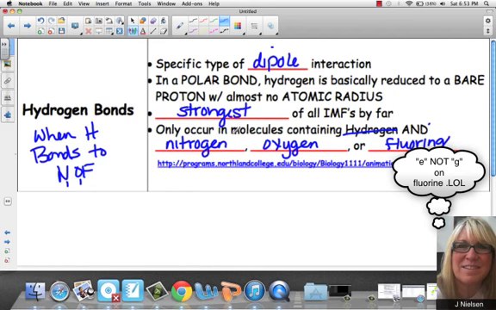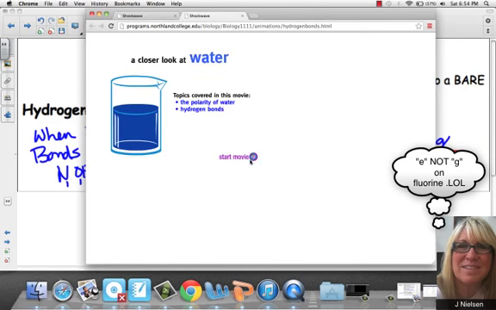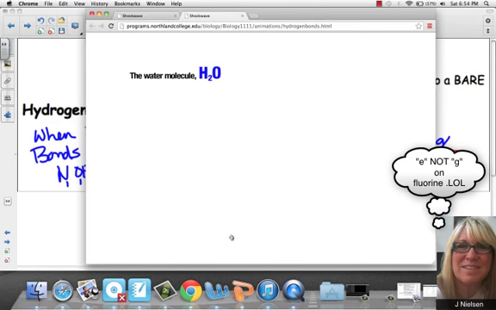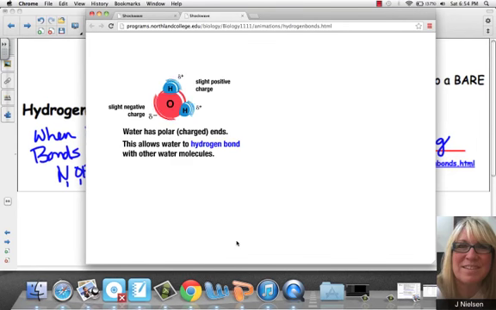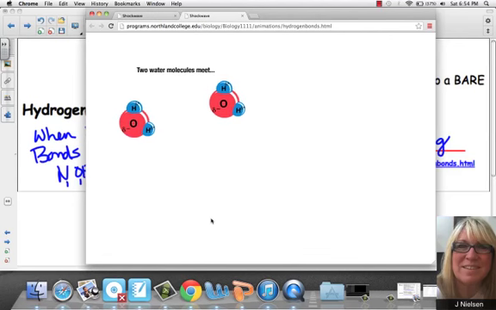And let's take a look at that. So here's the water molecule. We know that the oxygen side is slightly negative, the hydrogen side is slightly positive. This allows water to hydrogen bond with other water molecules. This is very similar to dipole-dipole.